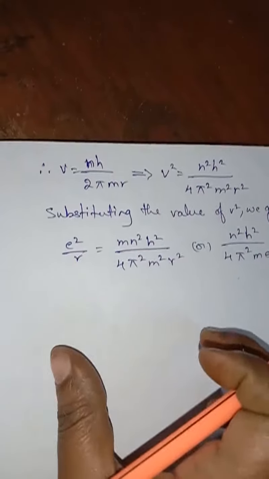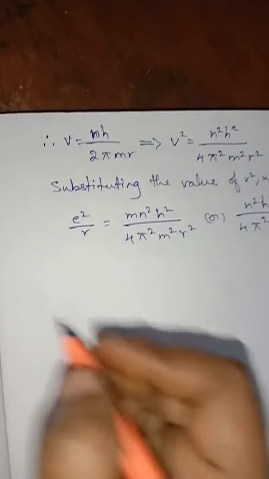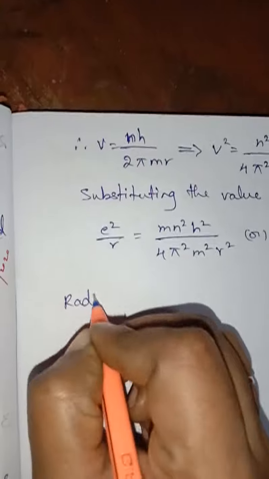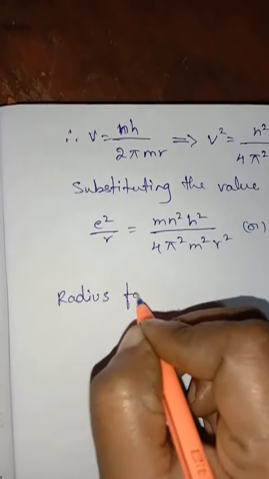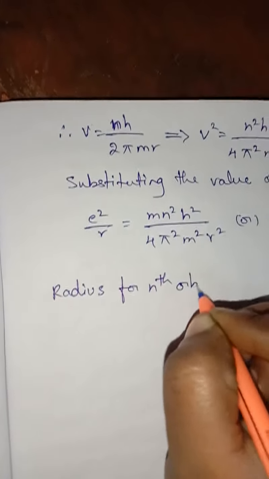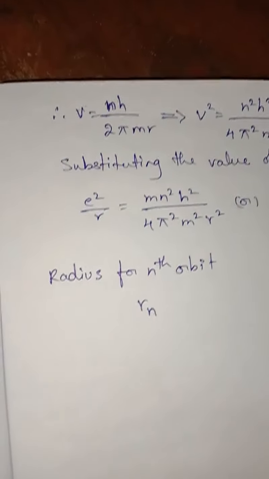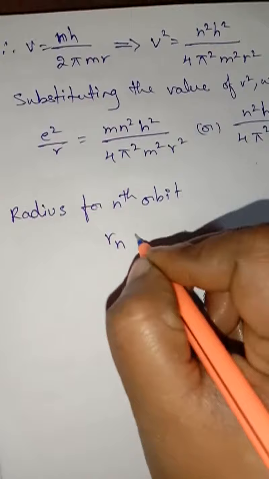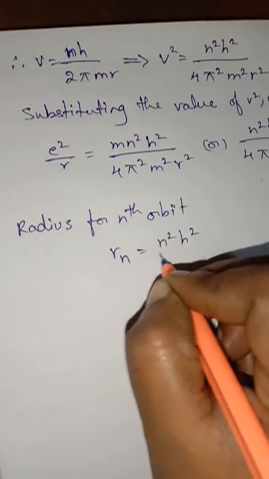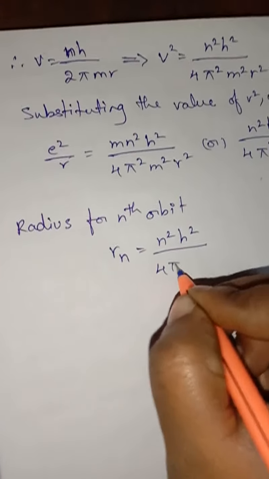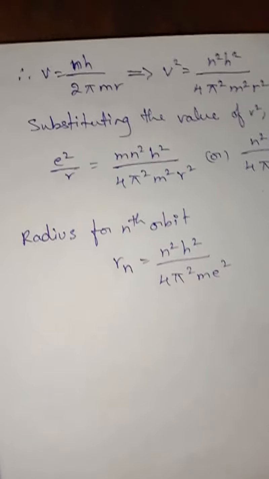So if you want to find the radius of the nth orbit, then the radius for the nth orbit, Rn, equals n square h square by 4 pi square m e square.